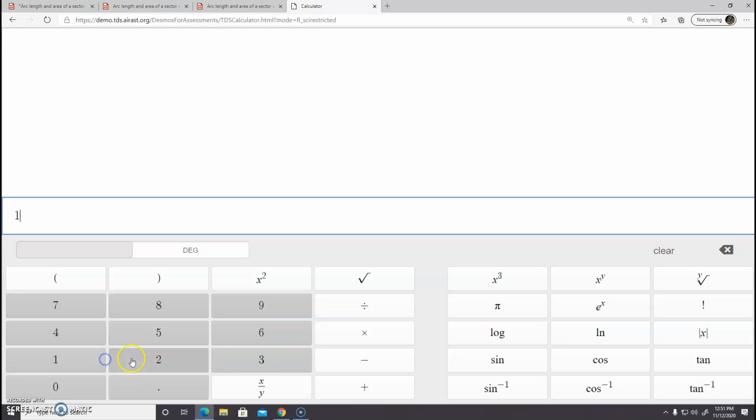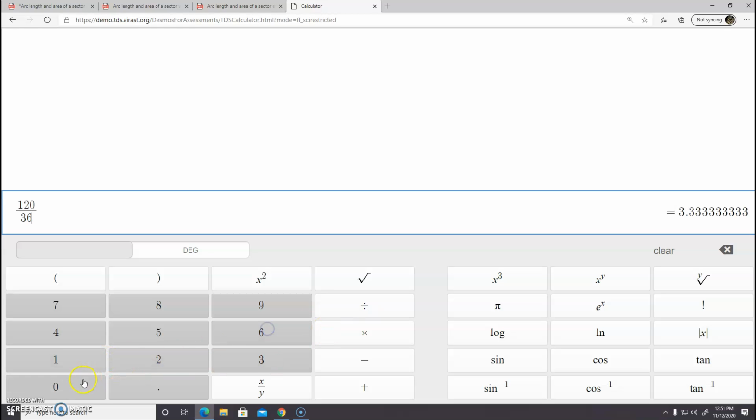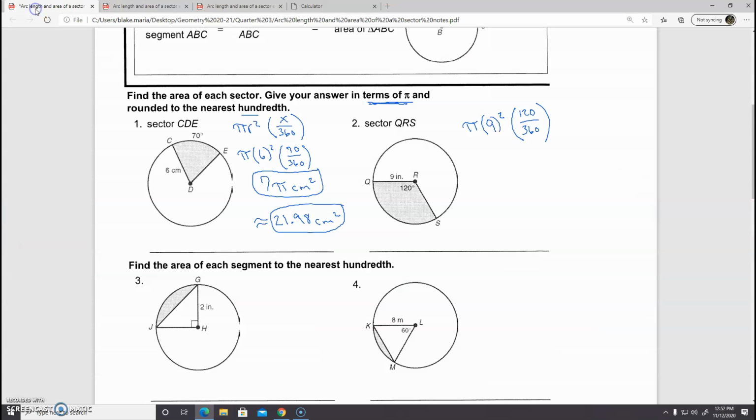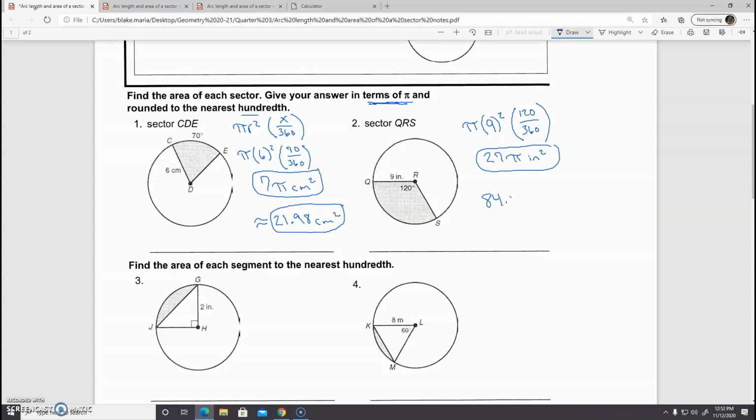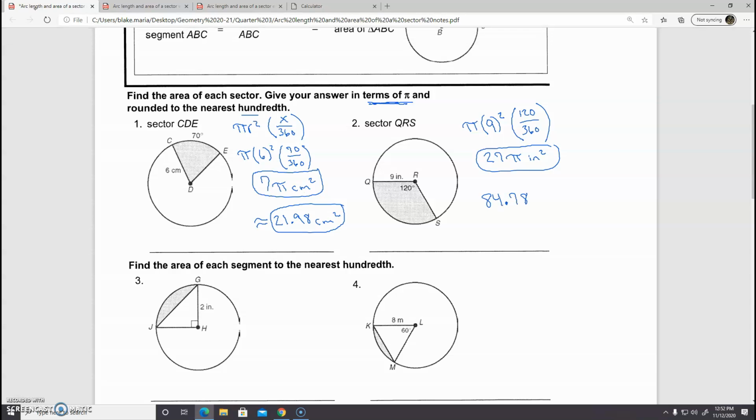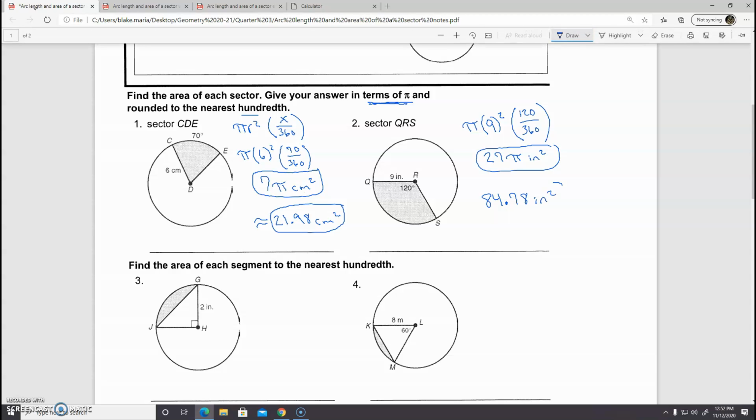So 120 divided by 360 times 9 squared, which is 81. I got 27 this time. So we're going to do 27 pi, because we haven't touched pi yet, inches squared, because we're talking in terms of area. Then you go to your calculator and do 27 times 3.14, and you should get 84.78 inches squared.